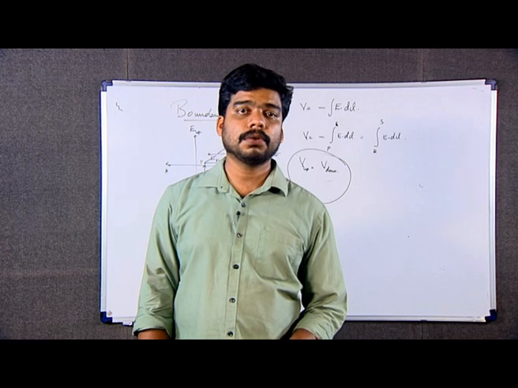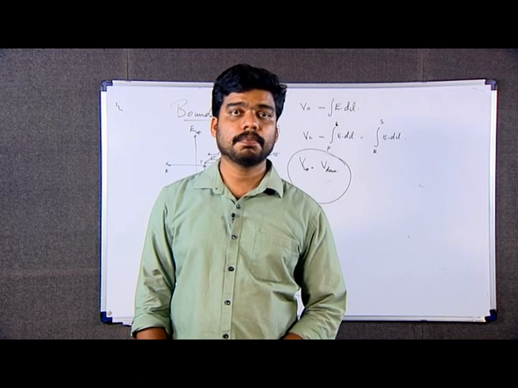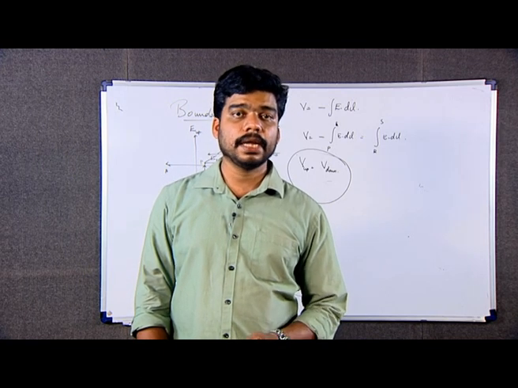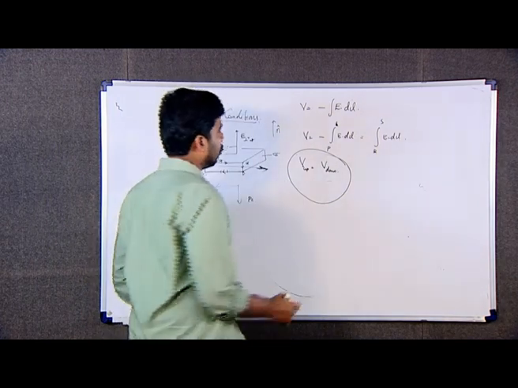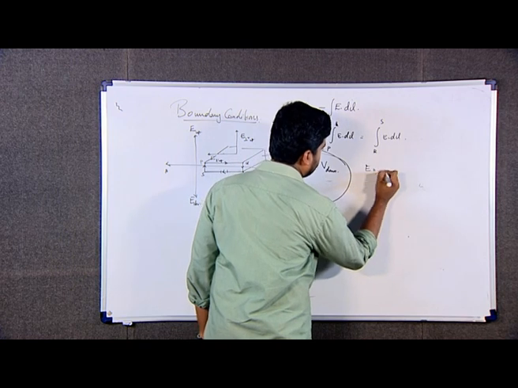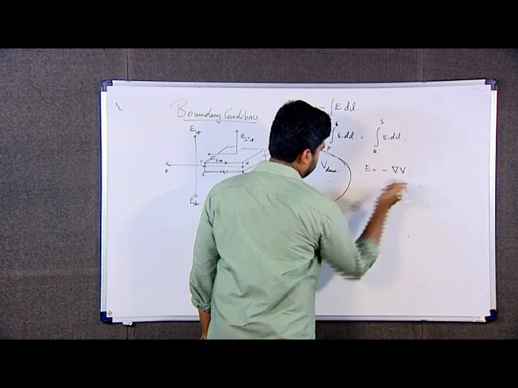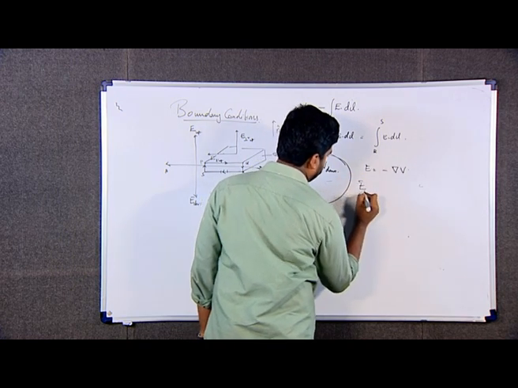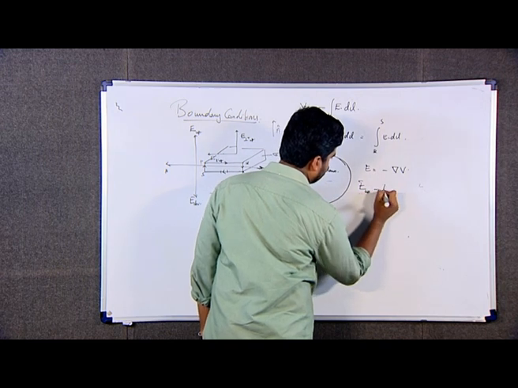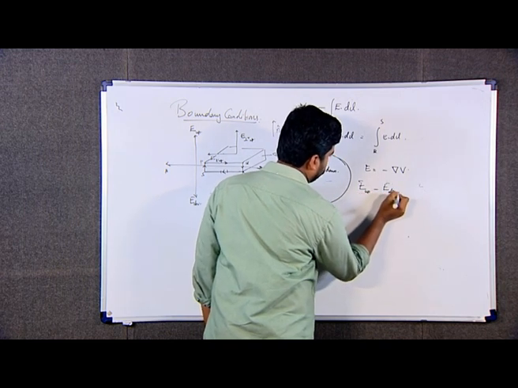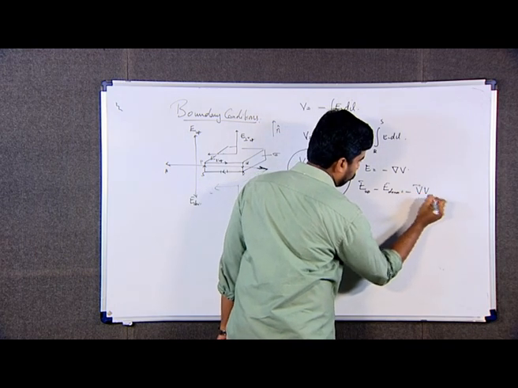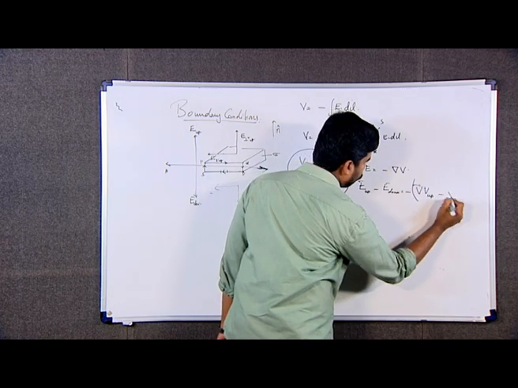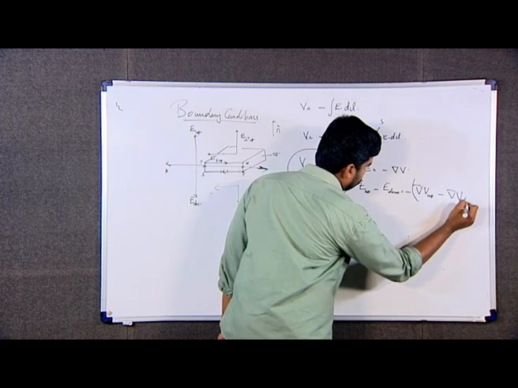And what about the gradient of the potential? According to the gradient of the potential also we can find out, because the electric field is nothing but the negative gradient of the potential. From this expression we know that E up minus E down is equal to minus of del V up minus del V down.